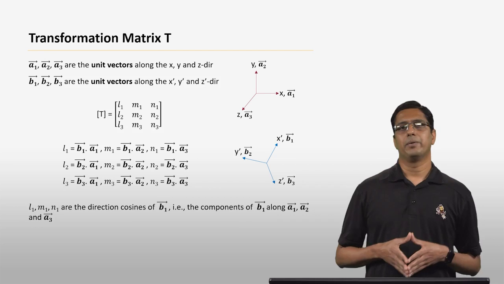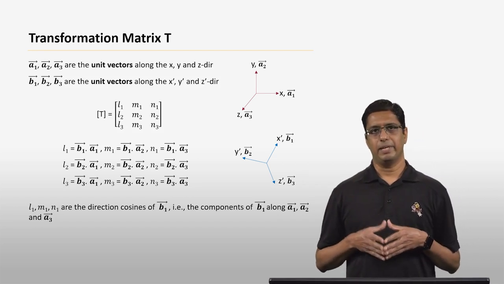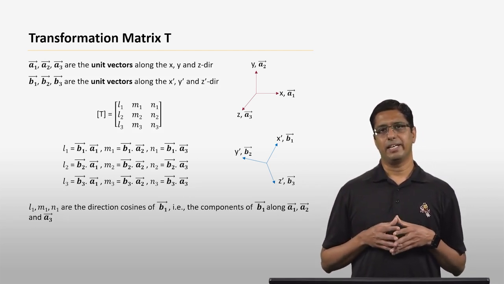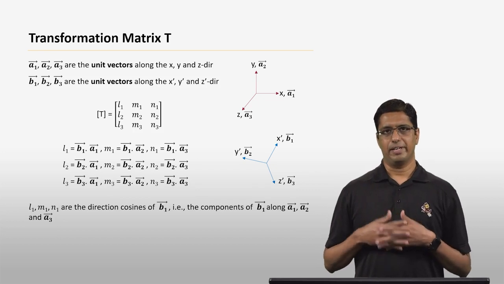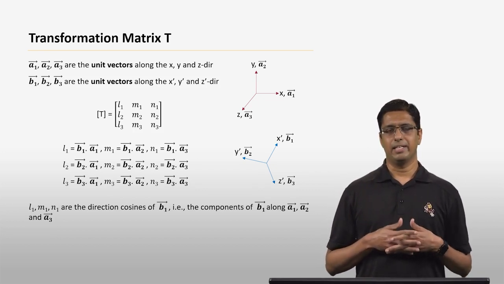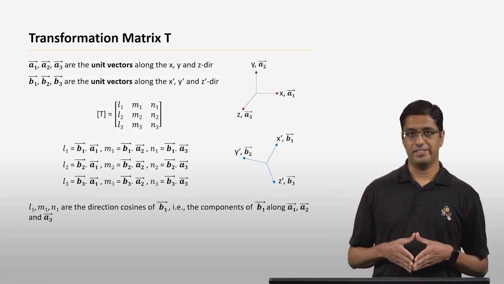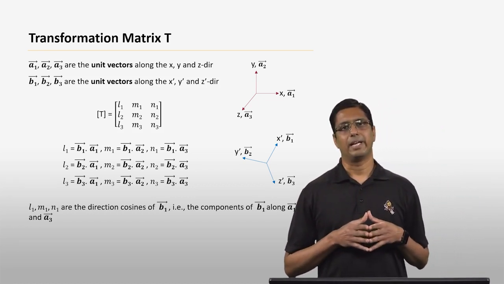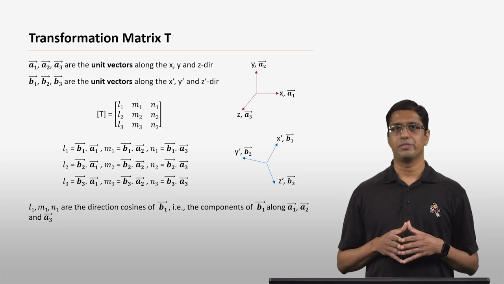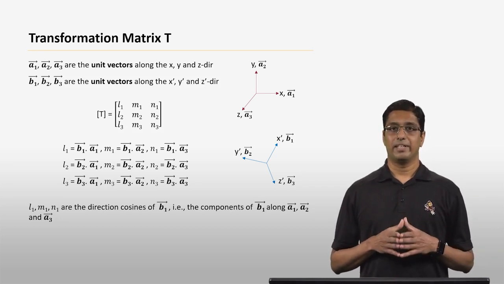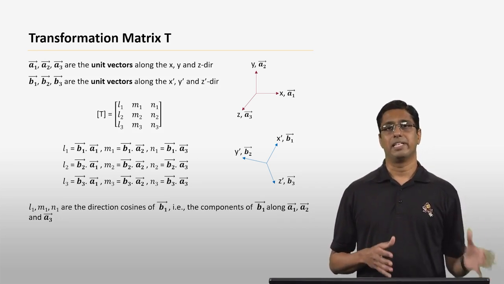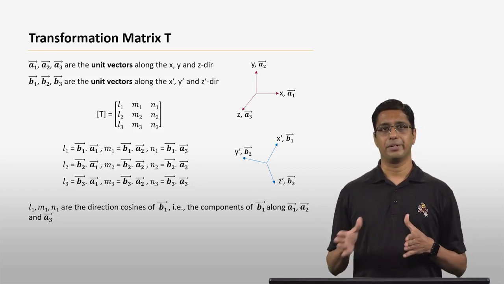So if you think about the initial coordinate system, x, y, z, let's define 3 unit vectors, a1, a2, and a3. Those are along the x, y, and z axis. I want to emphasize that this a1, a2, and a3 are unit vectors. Okay, so if you are given a vector that is not normalized, you first have to normalize these vectors to get the unit vectors.